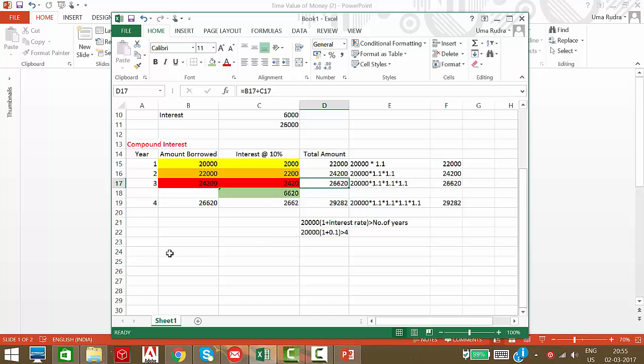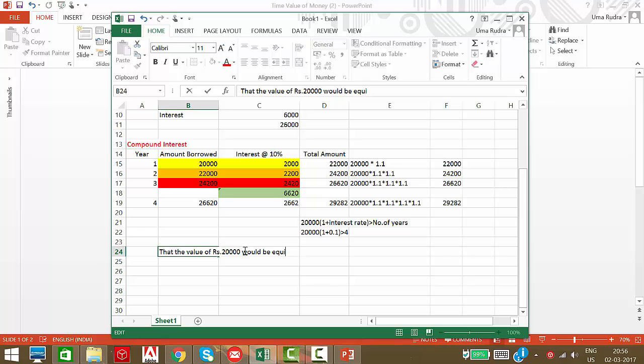Can I say the value of rupees 20,000 today would be equivalent to the value of rupees 26,620 after 3 years?